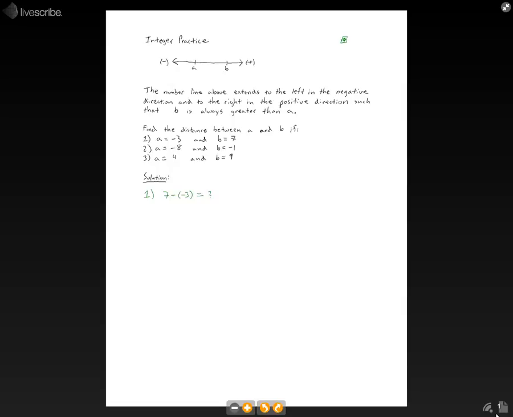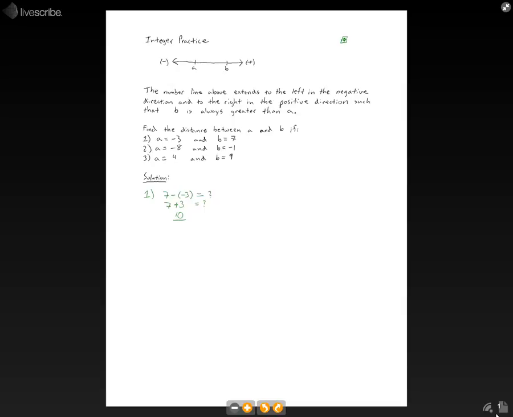And to solve for this, we have to use the rule that when you subtract a negative number, it's the same thing as adding. So instead of 7 minus -3, we will rewrite it as 7 plus 3. And then we see that the distance between A and B equals 10.